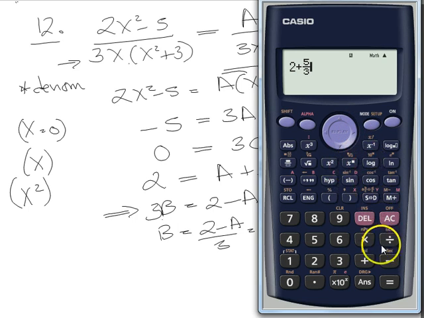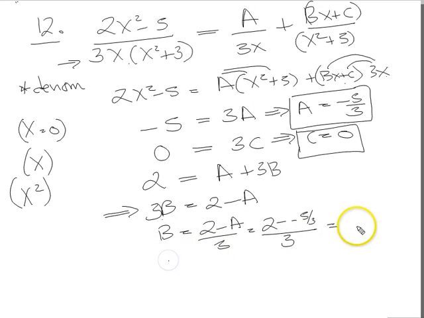So that's the number on top, and then we divide that by 3, don't we? 11/9, yeah? So let's put it in our formula, 11 over 9, there we go. 11/9, so that's B.